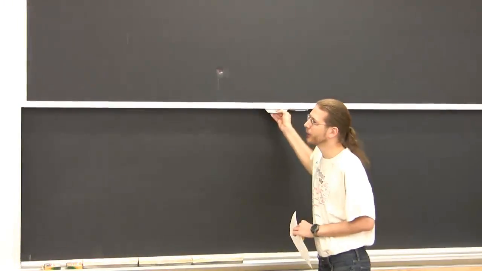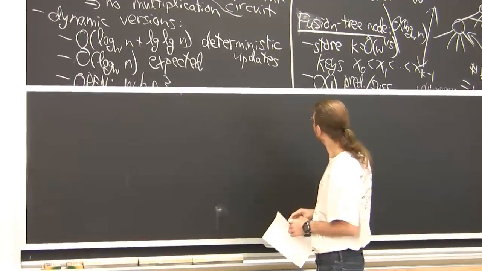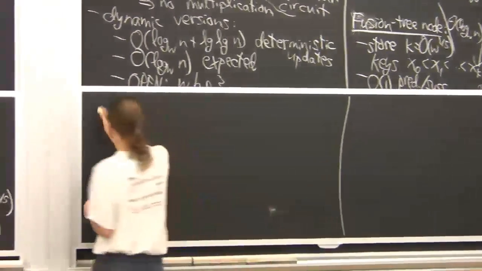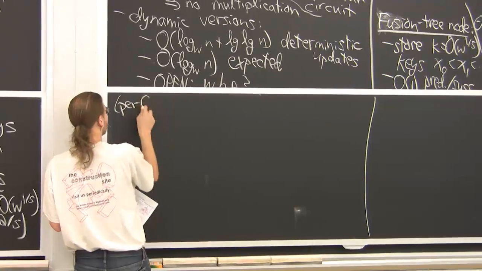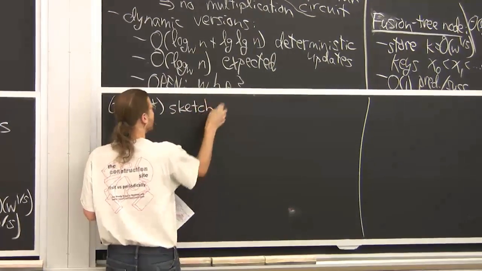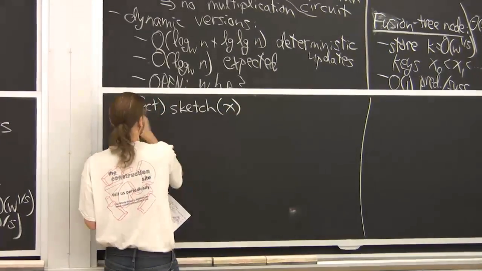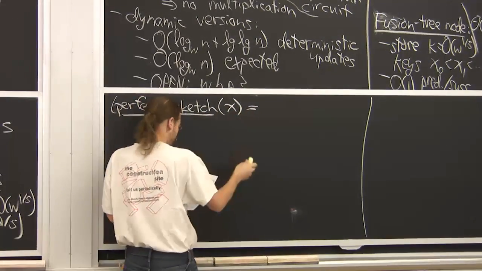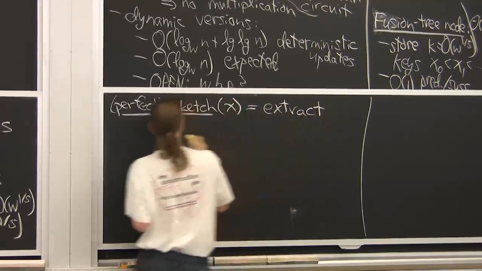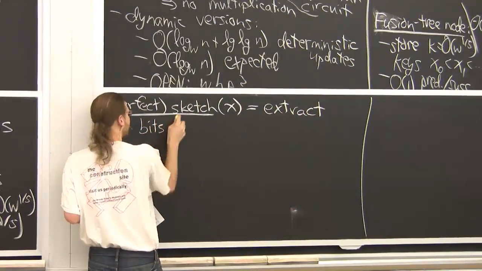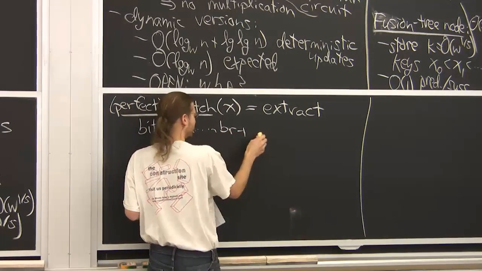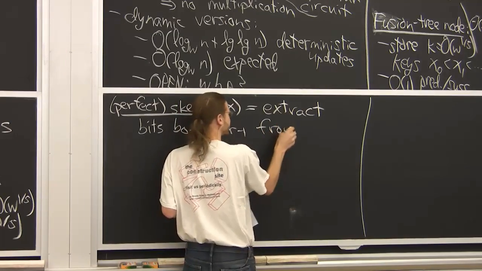Let me tell you what properties this has. Let me also define the notion of a perfect sketch of a word x. It is going to be what you get when you extract bits b0 to b_{r-1} from x.